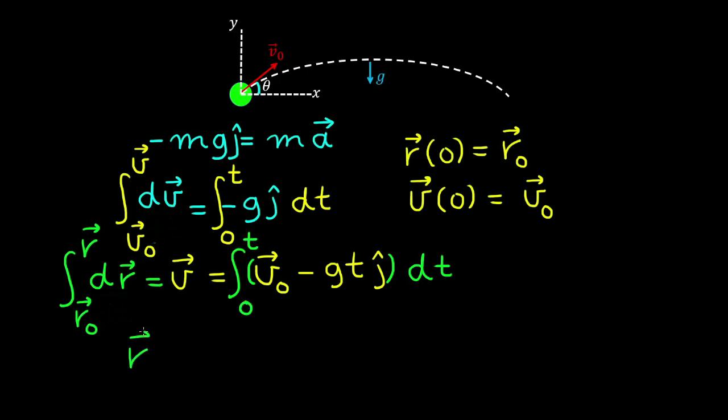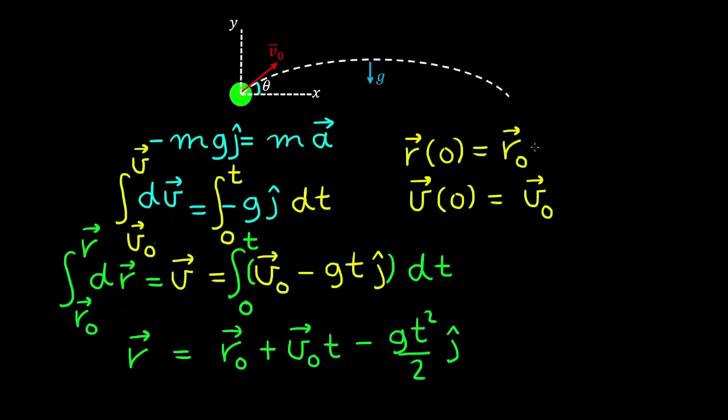So we get r minus r naught, where we'll take r naught to the right hand side of the equation, and we have plus v naught t minus the gravitational acceleration times the time squared over 2 in the j direction, being the y direction.